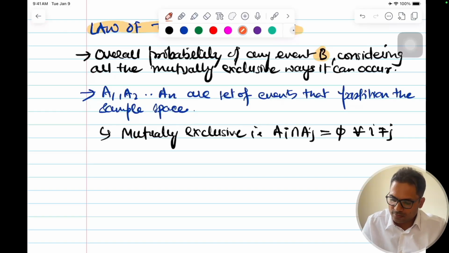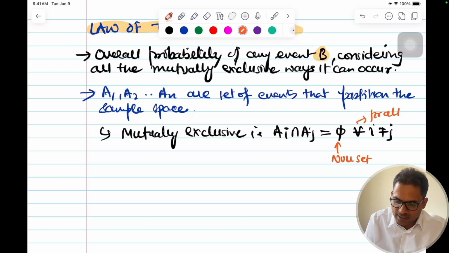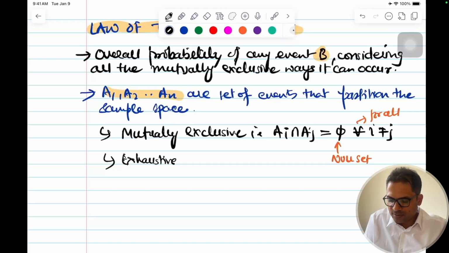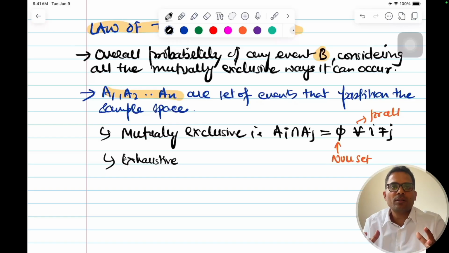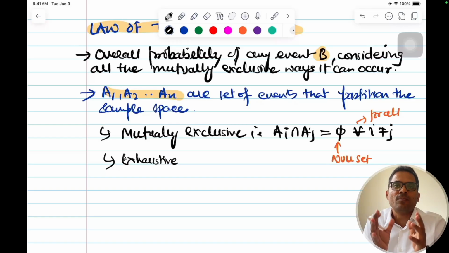This is called the null set, and this symbol is called for all. This is general. And what is the second part about A1 to An? We are saying that they are exhaustive. Exhaustive means if we sum all the parts A1 to An, they will form my sample space.